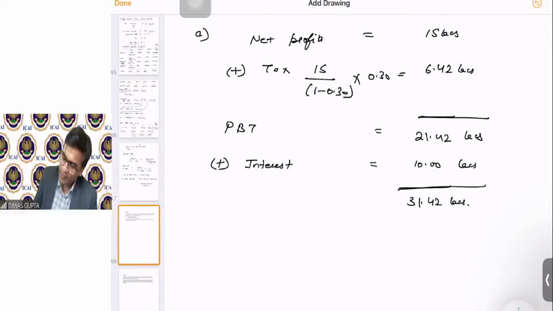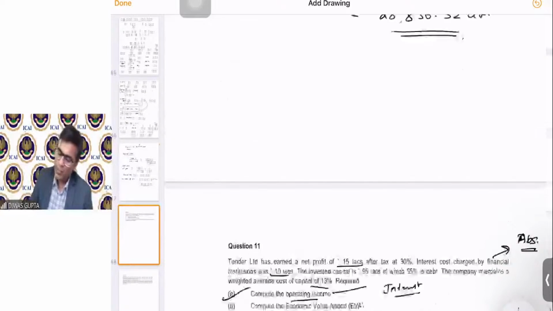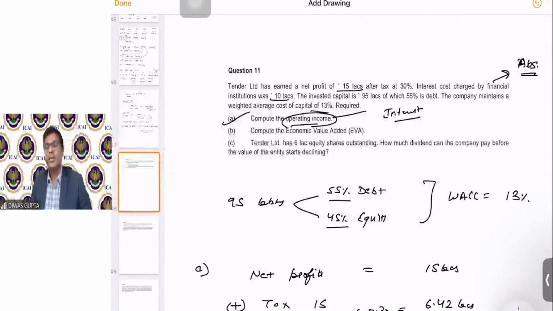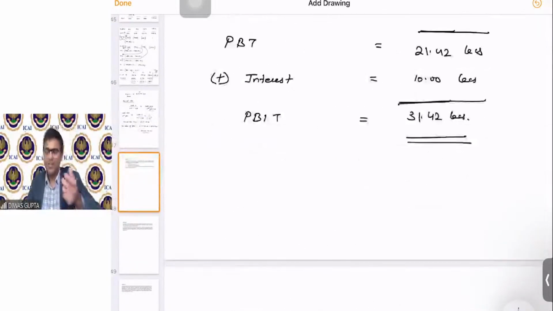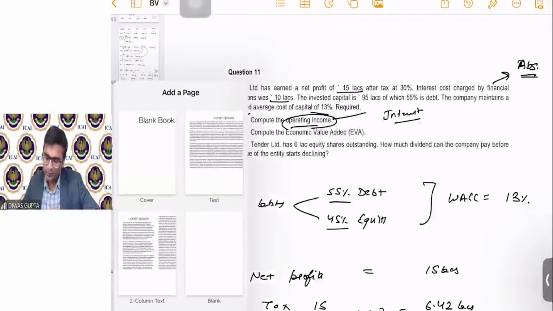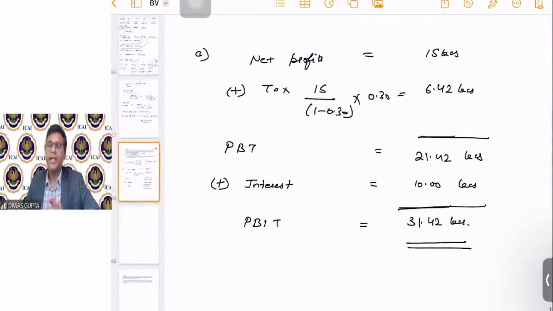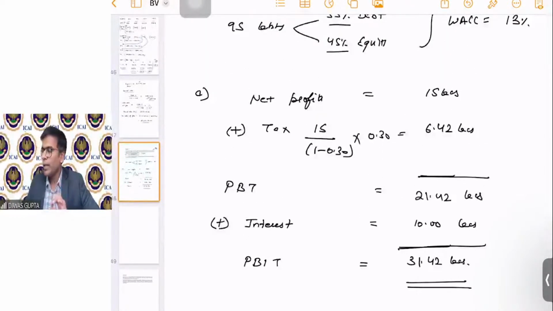So this I can say PBIT, correct? This is operating income. Now, since the question is silent on whether to calculate post-tax or pre-tax, we can keep it either way, right? We can keep it as post-tax also or pre-tax also, right? So the operating income is 31.42 lakhs.